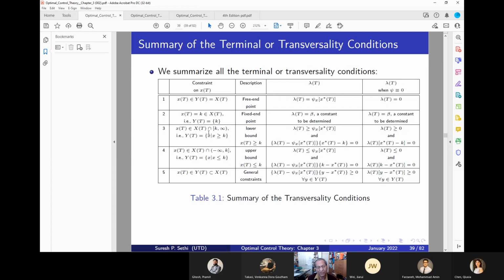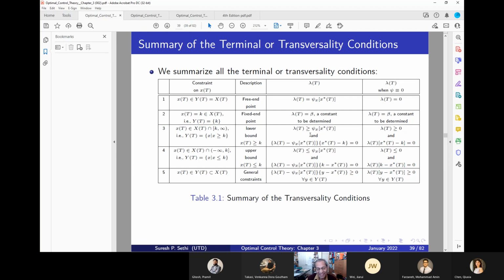Here's an in-between case. The value of x(T) has to be bigger than or equal to k. It's not exactly k. It's not completely free. It is kind of half free and half not free. So because it's half free, half not free, remember we have a 2-point boundary value problem, so we have to let lambda T also be half free, half not free.